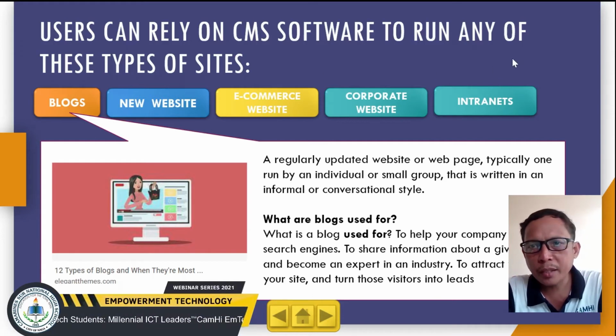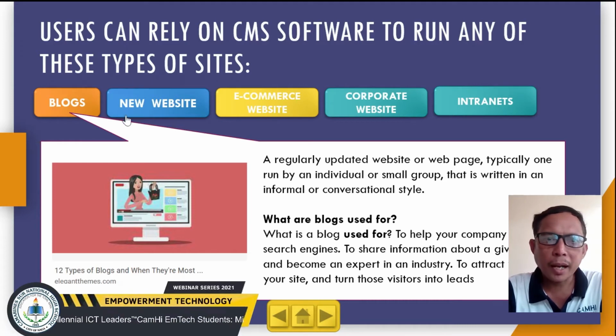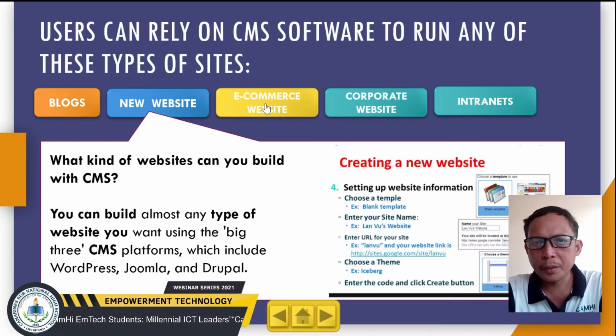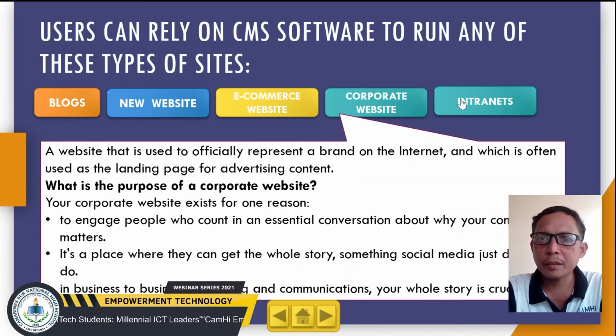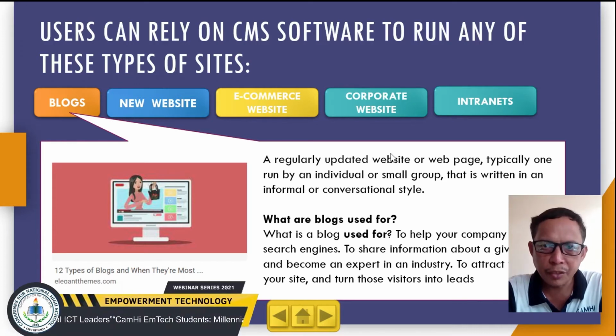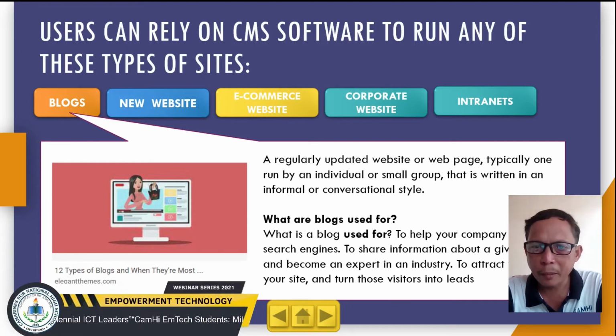So users can rely on CMS software to run any of these types of sites. So what are those types of sites? The blogs, news website, e-commerce, corporate site, the intranet. So what is the blogs? So this blog is actually a web page created by an individual. So it is typically run by an individual or small group, written in an informal or conversational style.